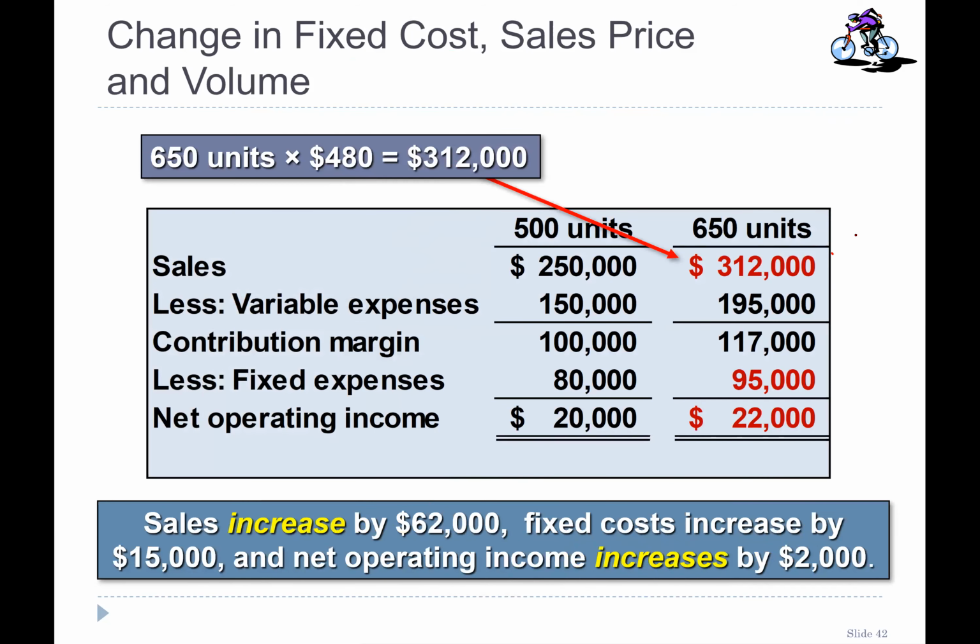See where this 312,000 came from. 650 units multiplied by the changed sale price, the total sales would be $312,000. Our variable cost remains unchanged, right?